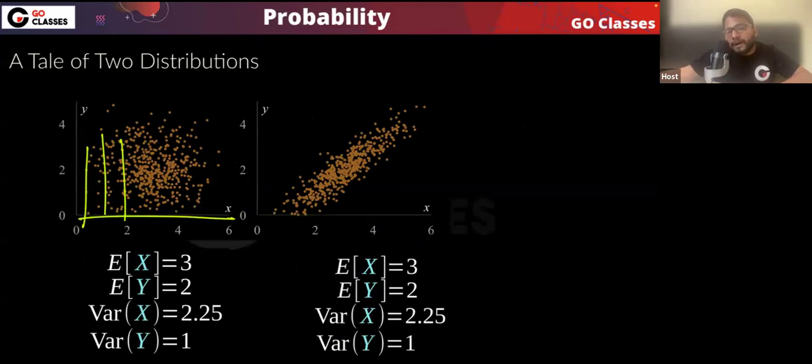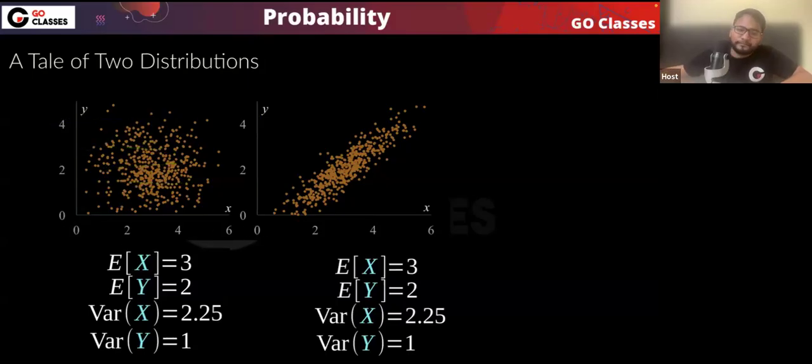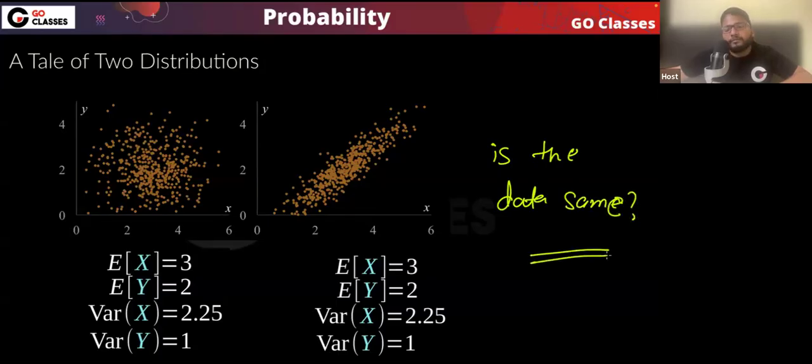On the y-axis, how much is it spread? If you just project all of the data on the y-axis, then you will see this line, right? So on the y-axis, it also seems like it is equally well spread. So mean same, everything is same. But is the data same? See here, everything is same, still the data is different, right?